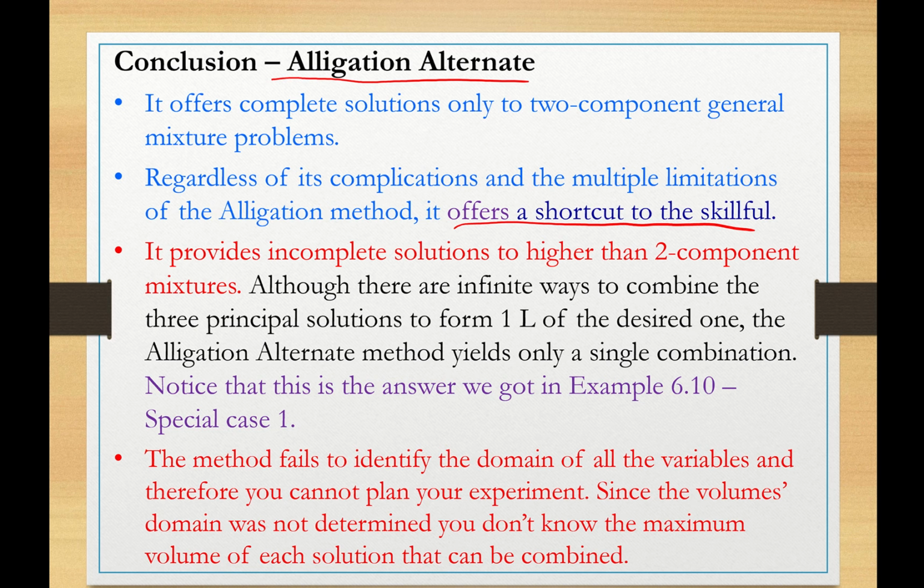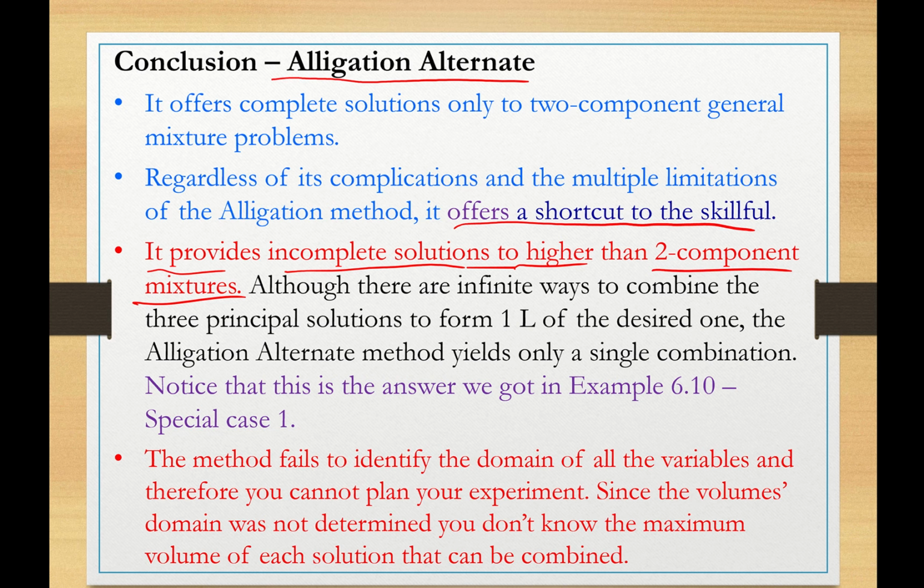However, a disadvantage is that it provides incomplete solutions to mixtures with more than two components. We just saw the three-component mixture composition problem. It only gave us one answer, and the solver didn't even know that there are multiple solutions. There are an infinite number of solutions to this problem, and it only gave you that single one.